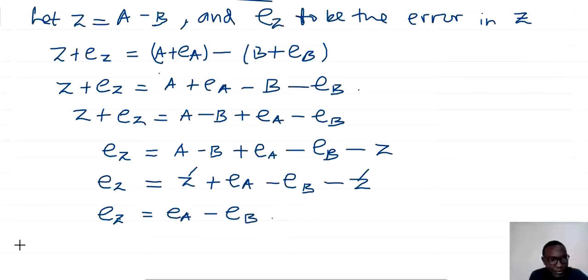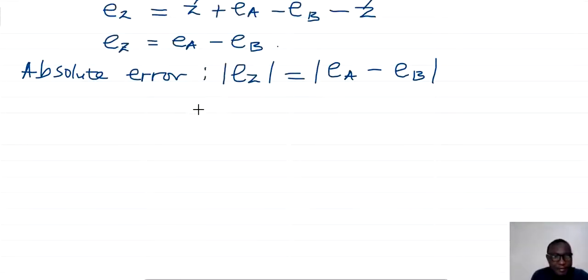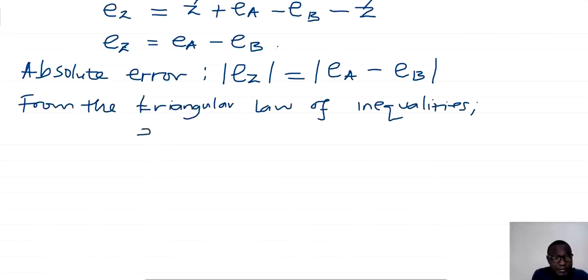Now, absolute error on both sides will now be error Z is equal to the magnitude of error A minus error B. Okay. Next, from the triangle law of inequalities, we can further simplify this. We shall have error in Z is less or equal to, we simplify this by redistributing the magnitude throughout.